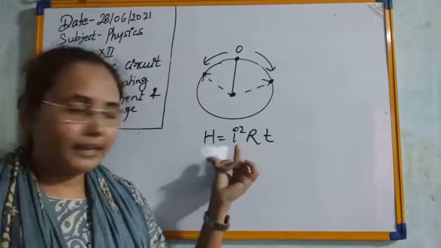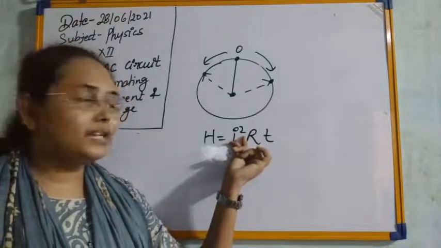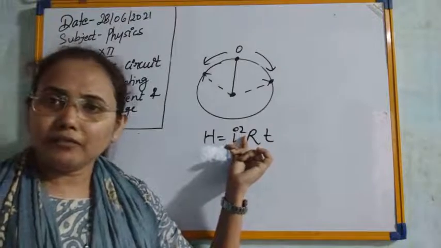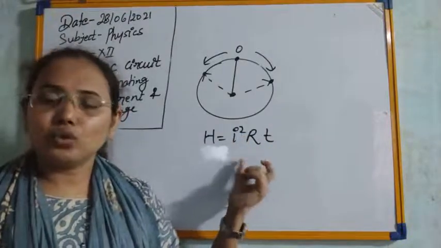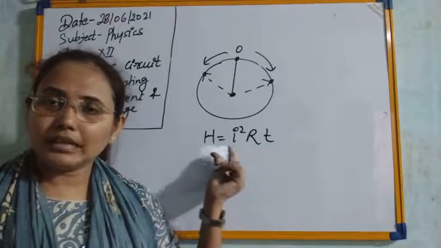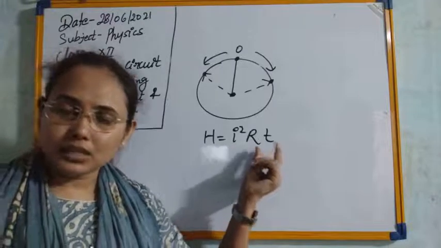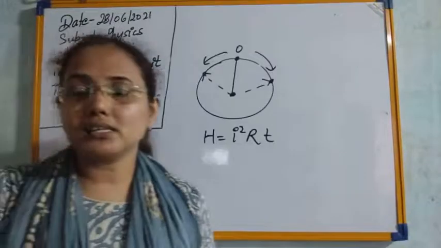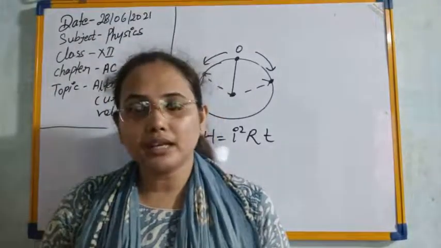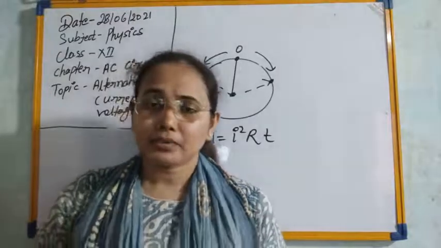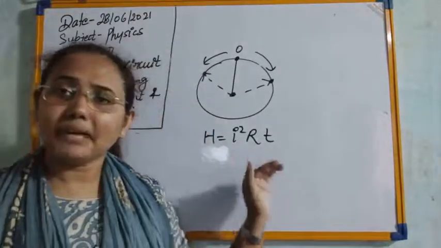As it has an I squared value, whether you take a negative or positive sign of the current, there is no effect on the heat produced, because the square of the current always gives a positive value. So for both positive and negative cycles, the heat produced is the same. It means it is independent of the direction.